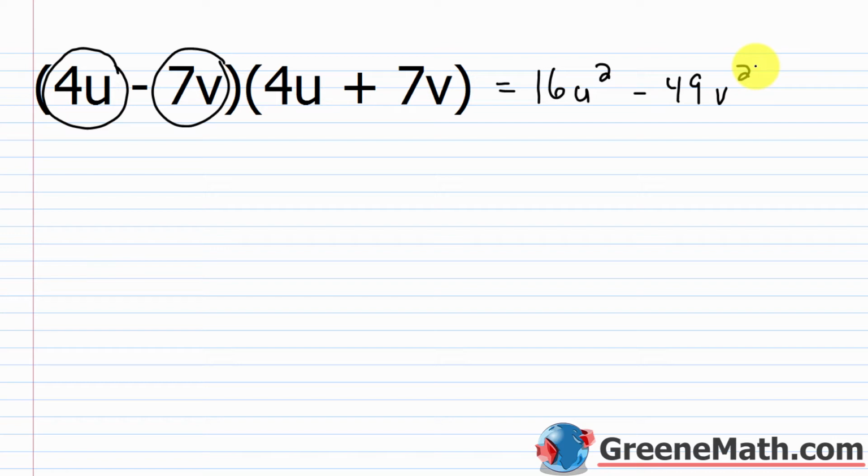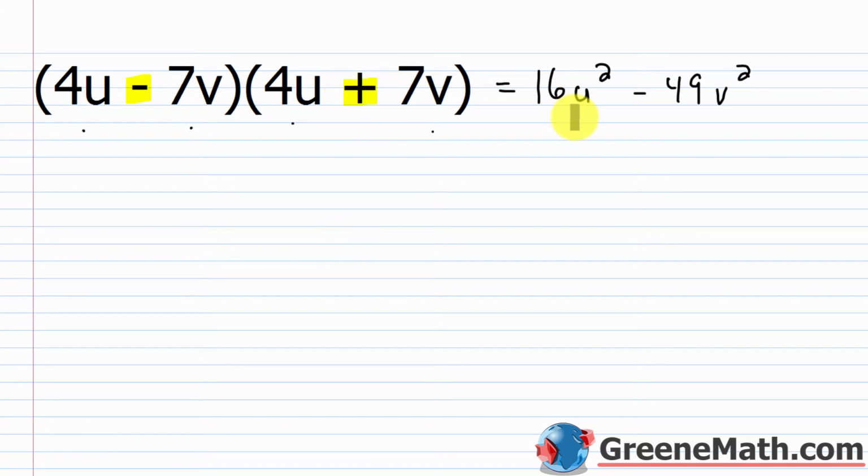So again, we're kind of done with this section. I just want to recap and talk a little bit about this for a second. You're looking for this pattern where you have the same thing in the first position of each. In this particular case, it's 4u and 4u. Then the second position of each has the same thing. So 7v and 7v. And then your signs are different. You have a negative and you have a positive.